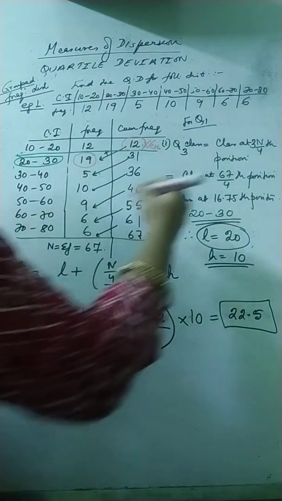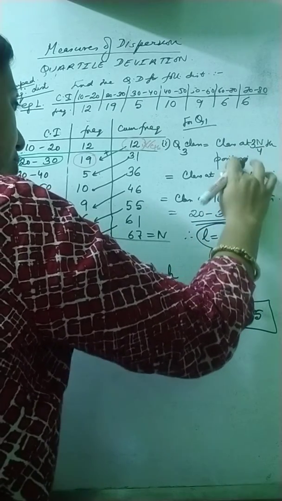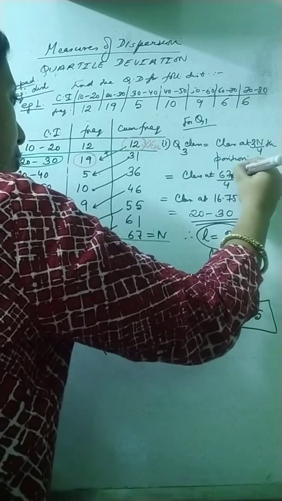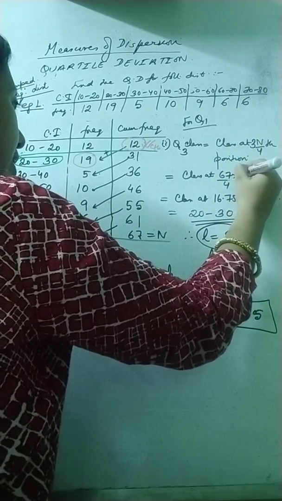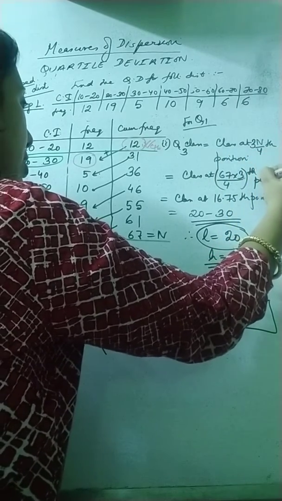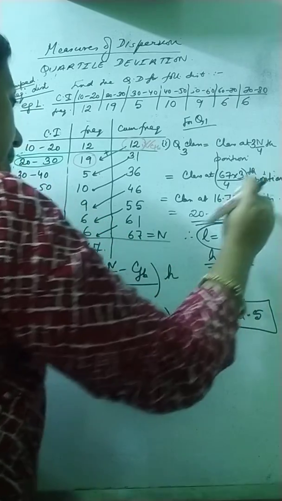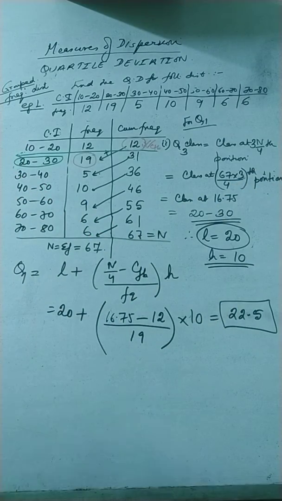So therefore it's class at 67 by 4 into 3, it's becoming untidy, 67 into 3 by 4 at position. That means it is 16.75 into 3. How much is 16.75 into 3?